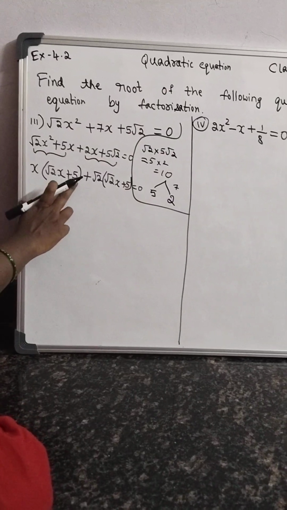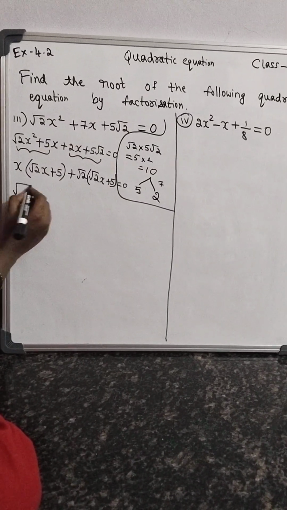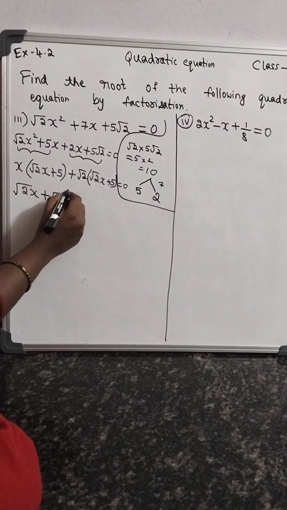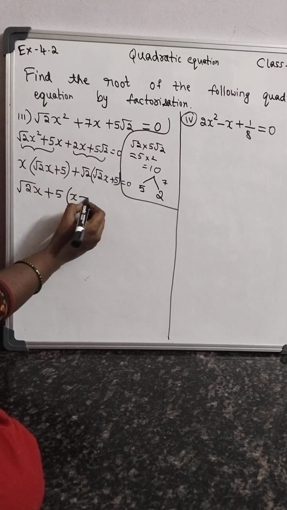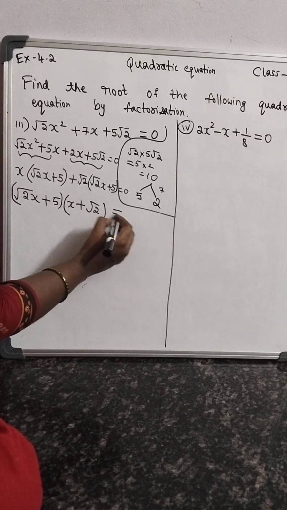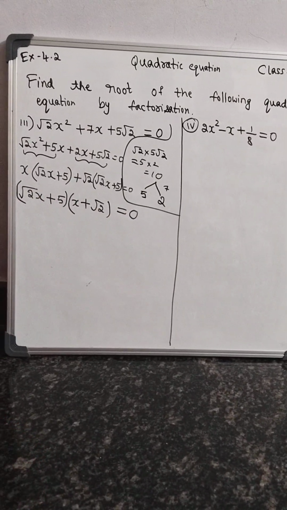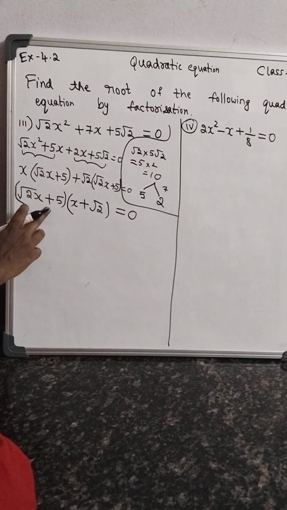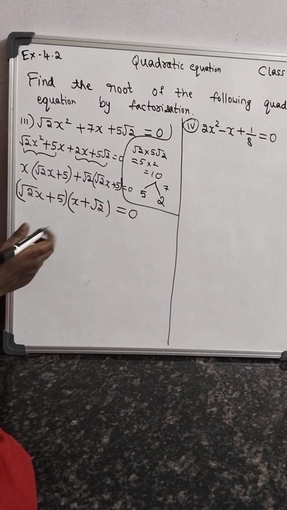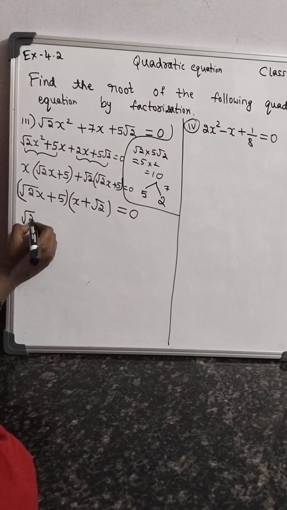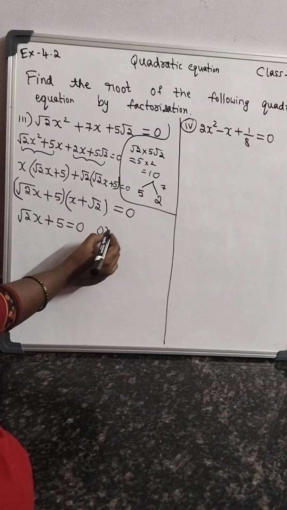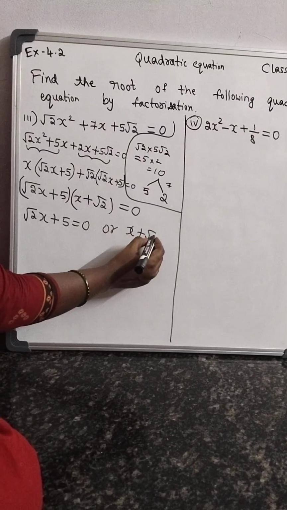Now root 2x plus 5 we can take as common, then x plus root 2 will be remaining, which is equal to 0. Now the product of any two numbers is equal to 0 means any one of the numbers will be 0. That is, square root of 2x plus 5 is equal to 0 or x plus root 2 is equal to 0.